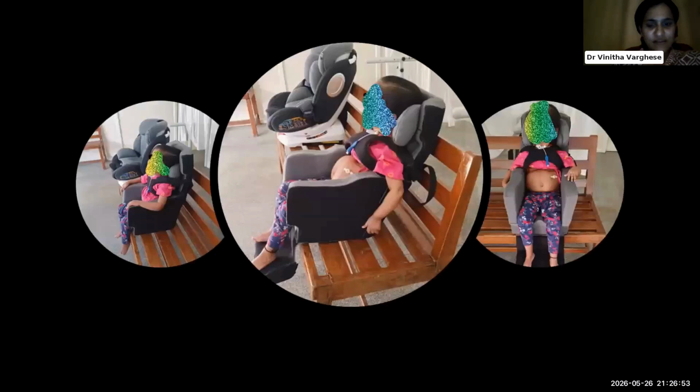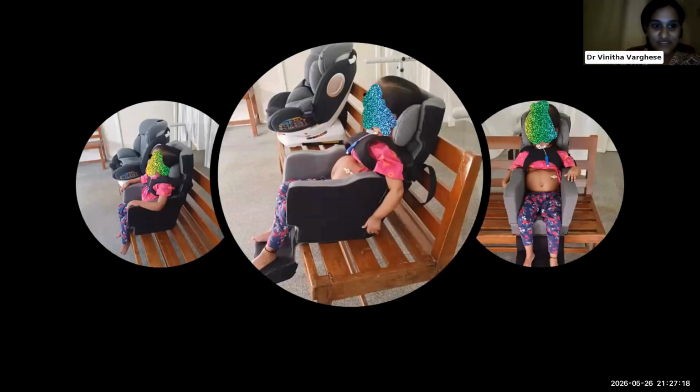What happens in the non-sitters is that they're not used to having been propped up. Over time with the car seat, as much as there's a tilt in most car seats, it wouldn't give enough inclination and progression that we desired.